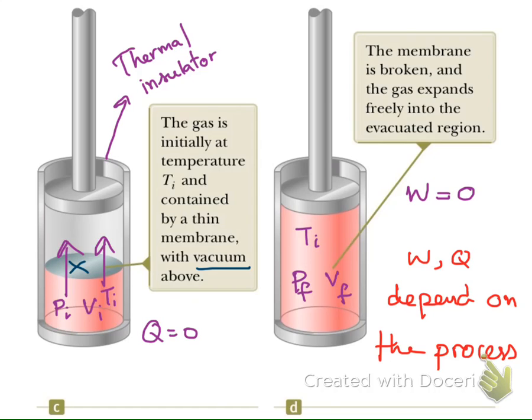So in this case, we say that this is an adiabatic free expansion. You can see that in this case we have Q equal to 0, W also equal to 0.